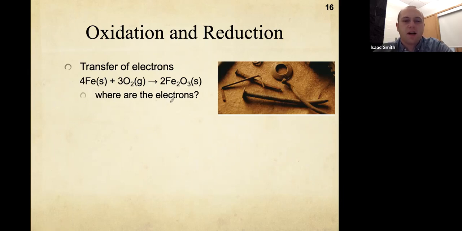So in order to see where the electrons were transferred, we need to know where the electrons started and where they went. So in iron oxide, if we cut this up, like we did when we were naming ionic compounds, iron would have a 3+ charge. Oxygen has a 2- charge always, right?